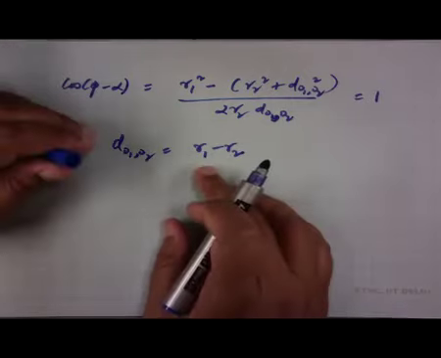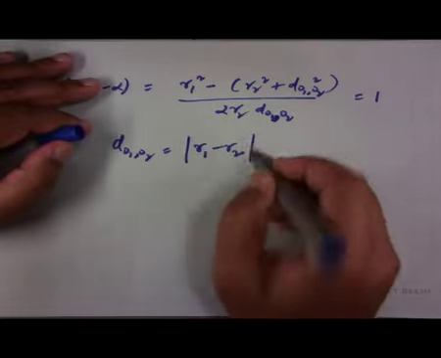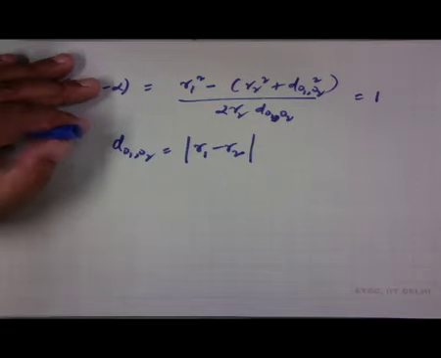In our case, we have taken R1 greater than R2. So, this is in fact equal to the absolute difference of the radii.